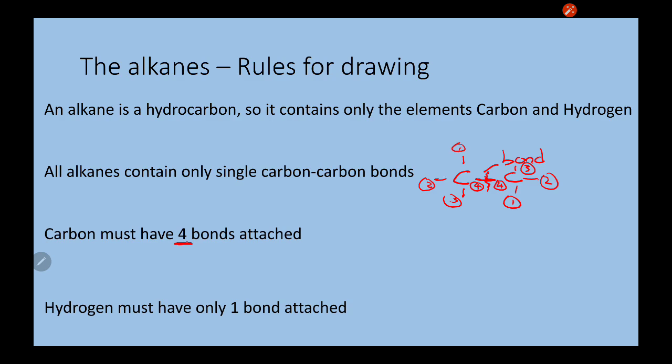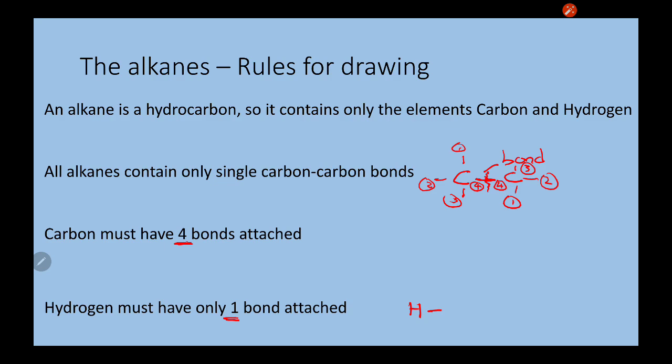Now what goes on the other 3 totally depends on what it is we're talking about. Because we're talking about a hydrocarbon, the chances are it's hydrogen that's going to go on most of these, because it's either going to be a carbon or a hydrogen. Hydrogens, on the other hand, can only have 1 bond. So for a hydrogen, you can only ever have 1 line coming from it.